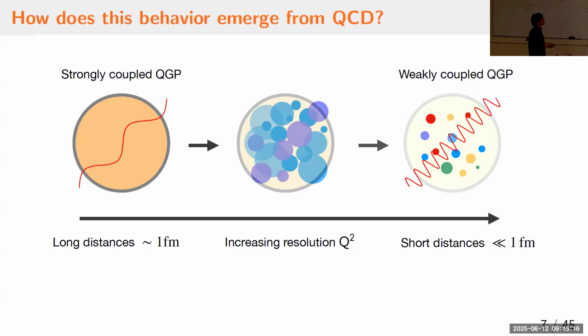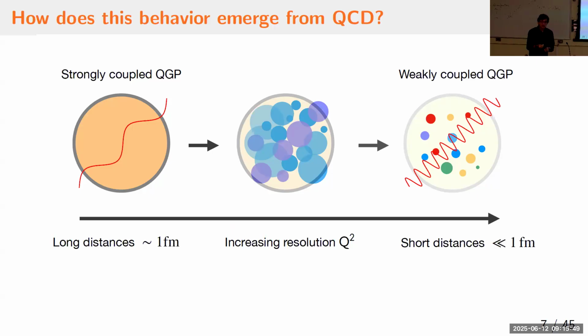So how do we go from a strongly interacting quark-gluon plasma at relatively long wavelengths to, if you increase the resolution, different features and different QCD dynamics, all the way down to quasi-particles that are point-like particles that, as I said, are weakly interacting? This is one of the questions that we would like to tackle by studying, in a more refined way, the observables and the dynamics in heavy ion collisions.